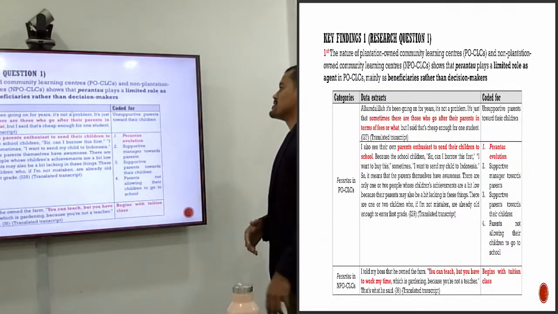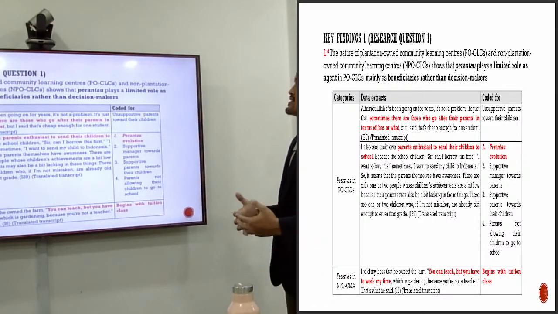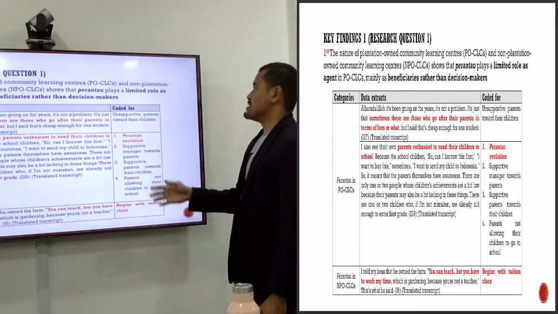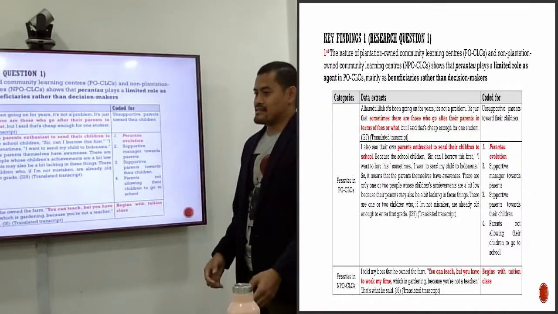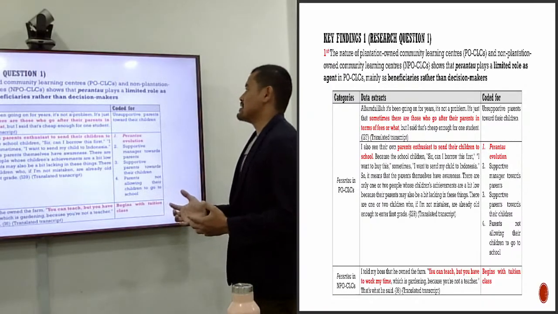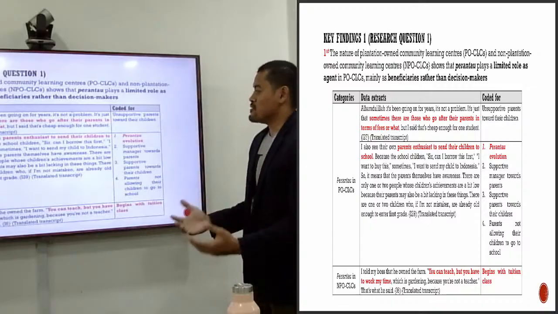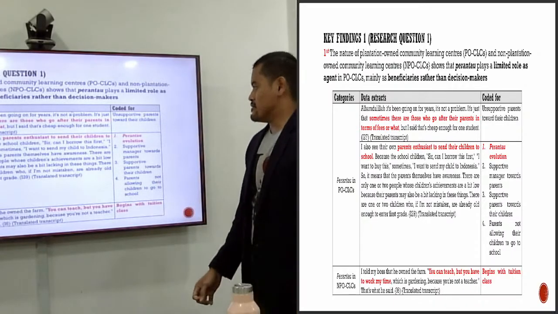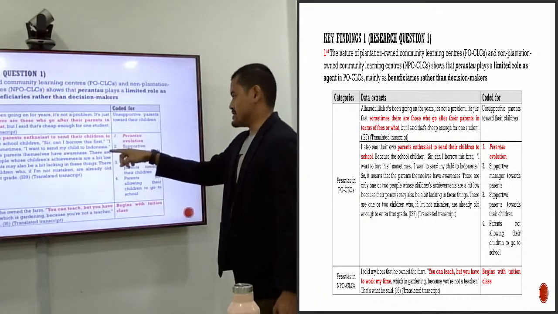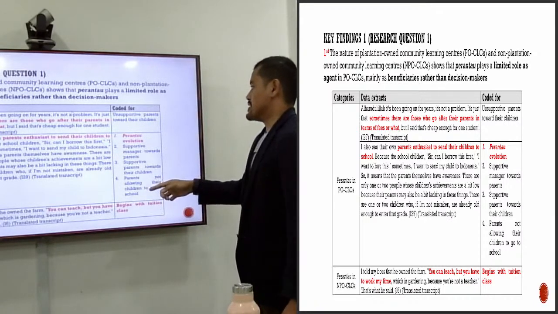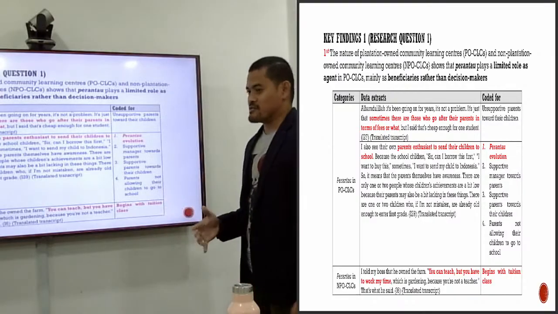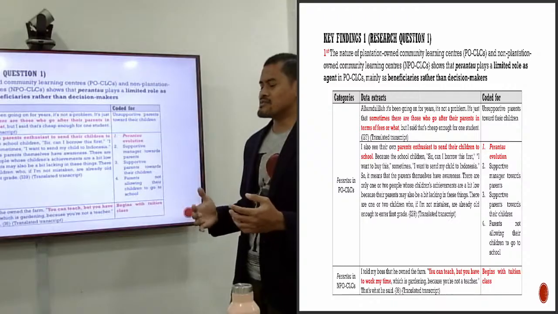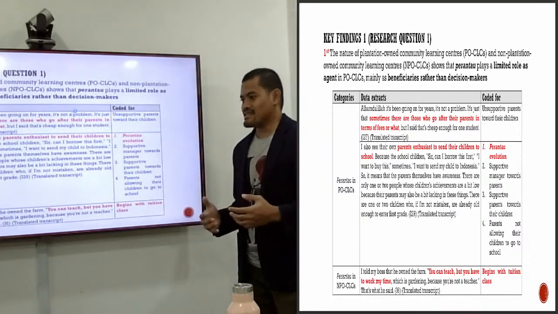I just want to give an example of the difference between the nature of the POCLCs and NPOCLCs. For example, the role of perantau in the POCLCs is not as significant as the role of perantau in the NPOCLCs. This is an example of my data extract, and it shows that perantau in POCLCs are most likely focused on the discourse that they are the parents.